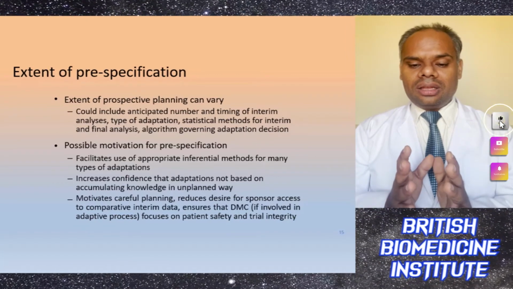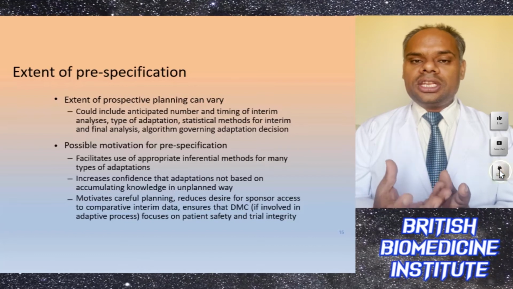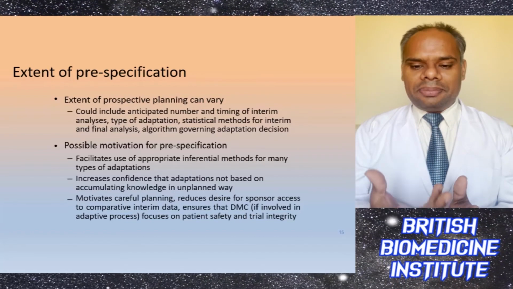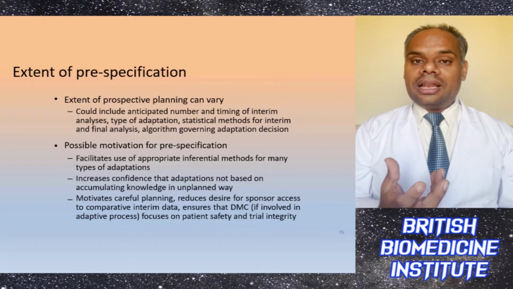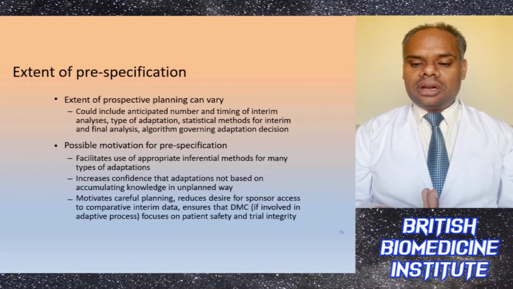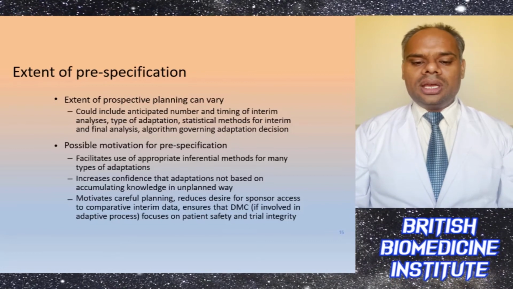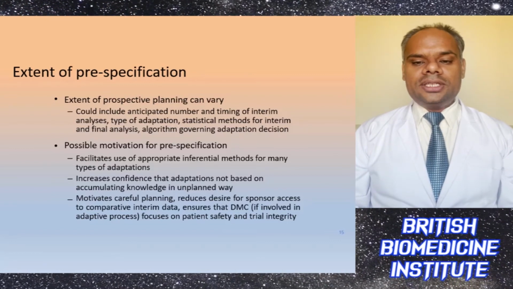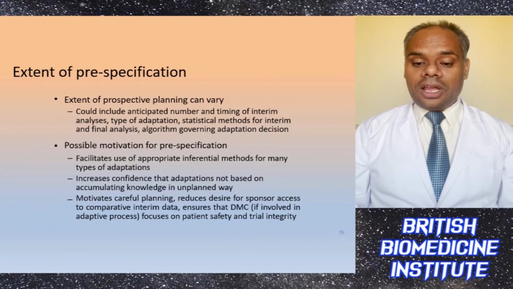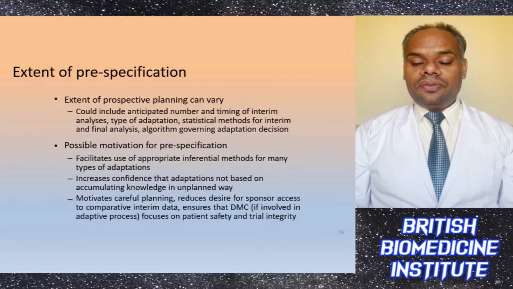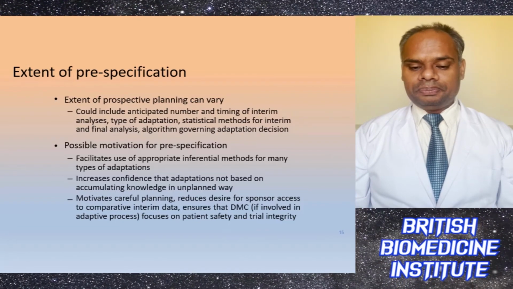So there is an extent of pre-specification, like the extent of prospective planning, which can vary. It could include anticipated numbers and timing of interim analyses, types of adaptations, statistical methods for interim and final analysis, and algorithms governing adaptation decisions. And there can also be possible motivations for pre-specification. It can facilitate use of appropriate inferential methods for many types of adaptations.